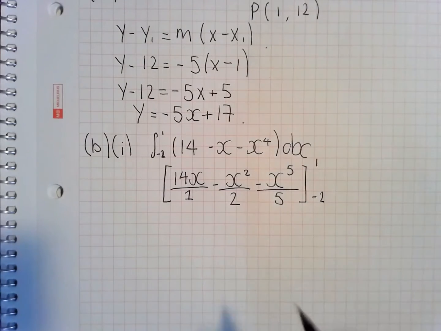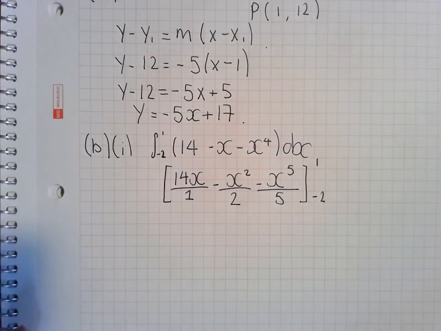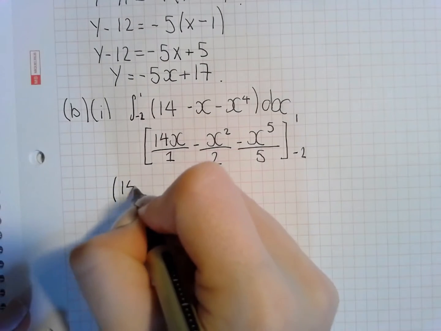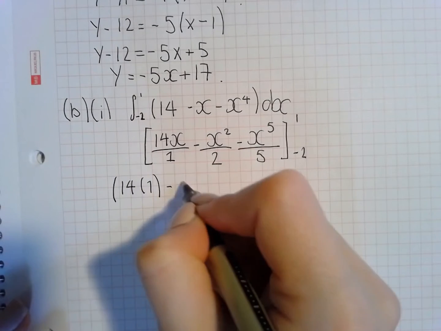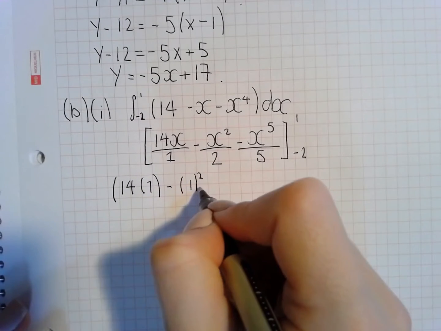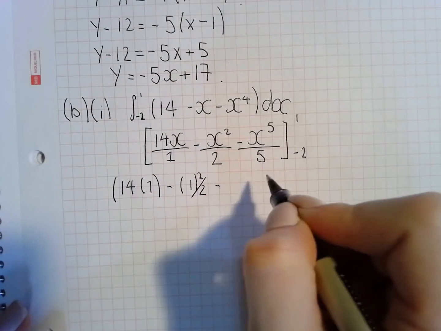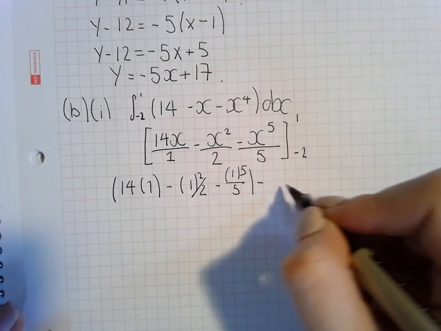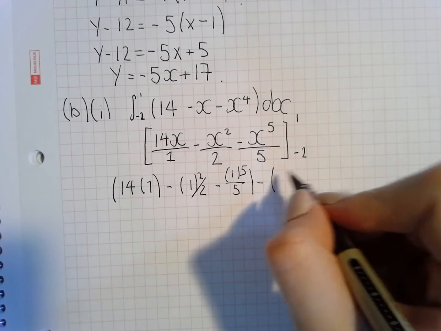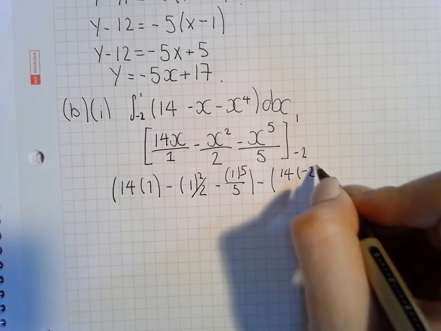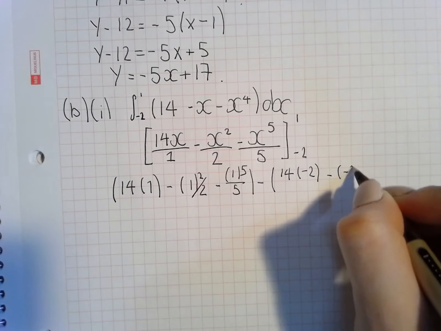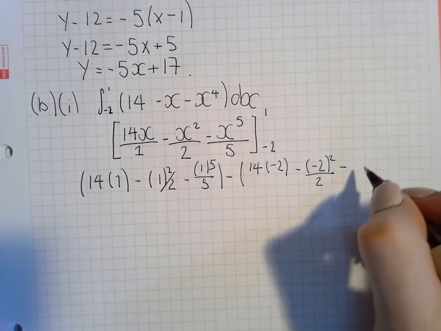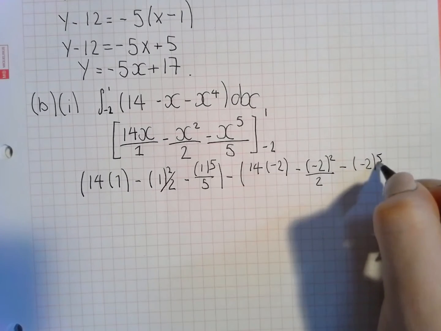First we substitute in our higher limit, which makes it 14 times 1, minus 1 squared divided by 2, minus 1 to the power of 5 divided by 5. Then we subtract, substituting in our second limit: 14 times minus 2, minus minus 2 squared divided by 2, minus minus 2 to the power of 5 divided by 5.